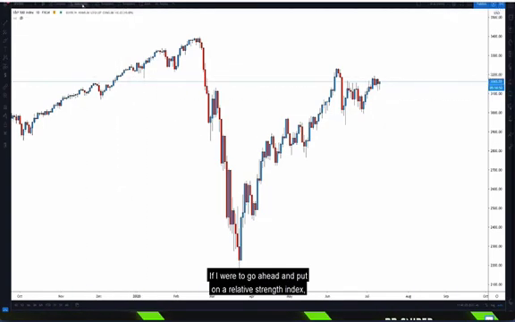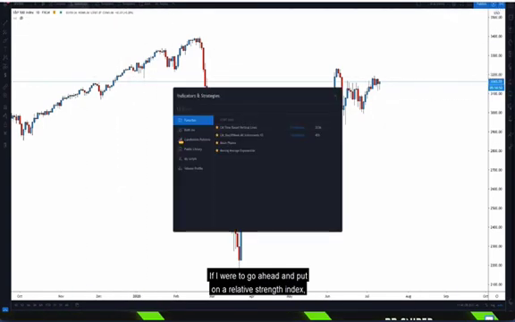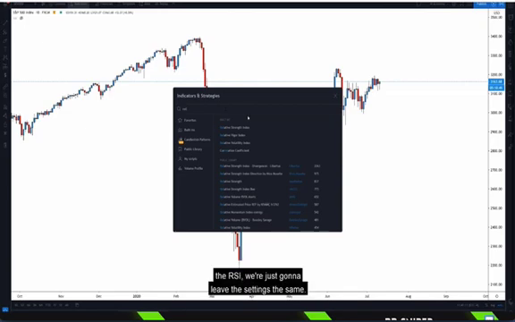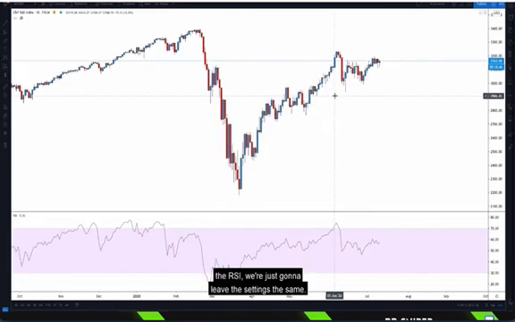If I were to go ahead and put on a relative strength index, the RSI, we're just going to leave the settings the same. Right here, when we are looking at the daily time frame, you can see an example of negative divergence on this chart.